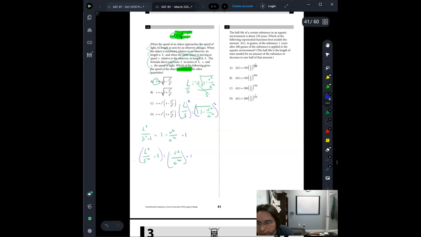That's going to flip these terms, or distribute the negative 1. So now this is going to be 1 minus L squared over S squared equals V squared over C squared. So let's see if we can eliminate anything here.